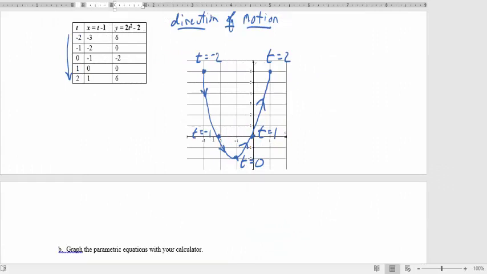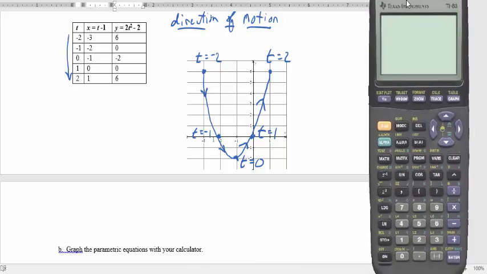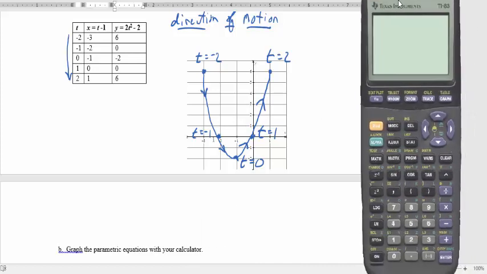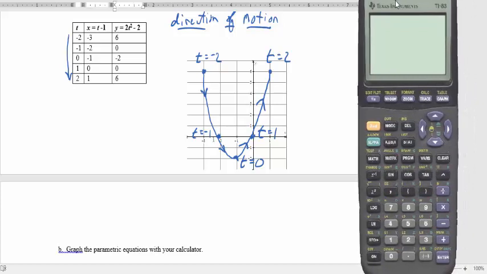Now the second part of this problem asked us to graph the parametric equations with your calculator. This is a little bit different, and this is an important skill to be able to do on the calculator, graphing parametric equations. Normally, when I hit y equals, I just get your basic menu that has y1 equals, y2 equals, y3 equals, so on and so forth.